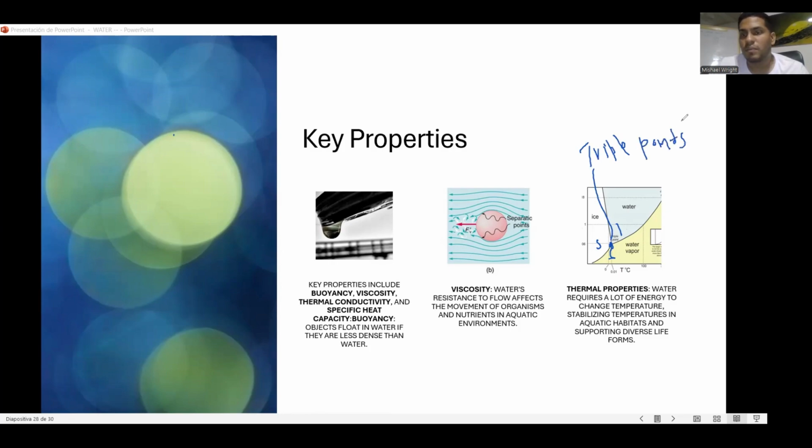This is a diagram to show the states of matter, right? So water requires a lot of energy to change the temperature states, to change the temperature in aquatic habitats and supporting diverse life forms. All right, basically that is like the water class for today.